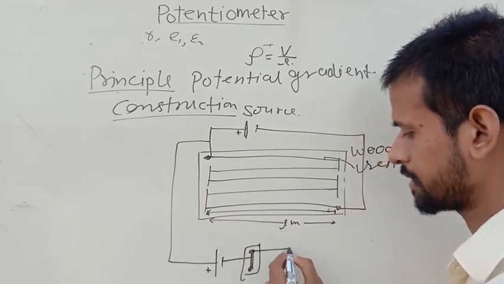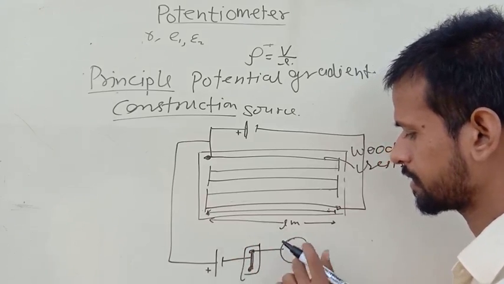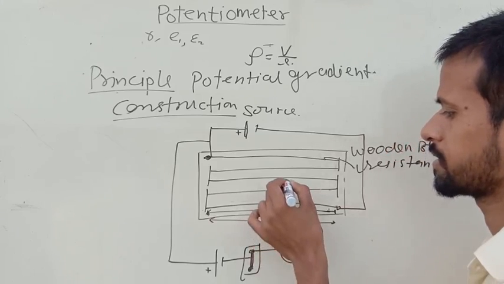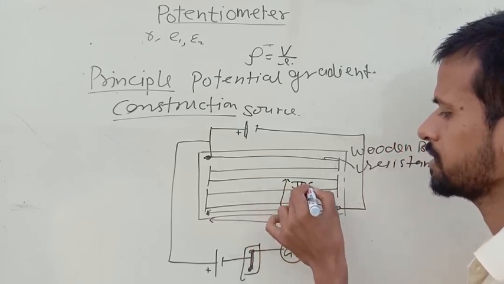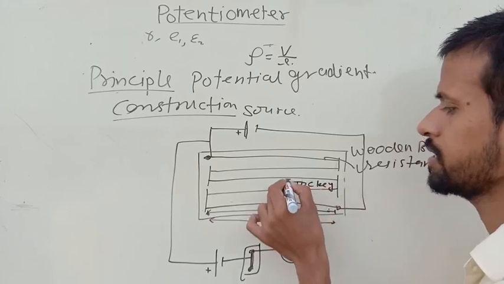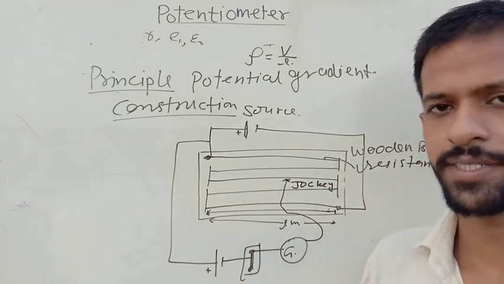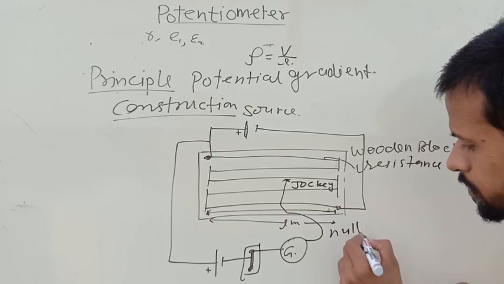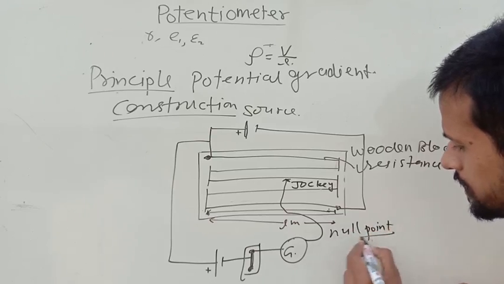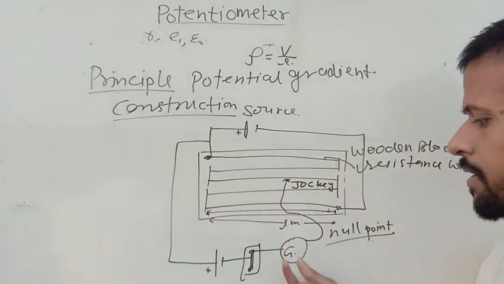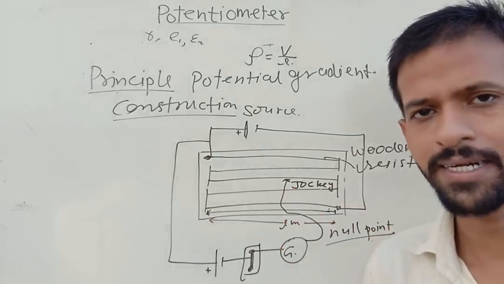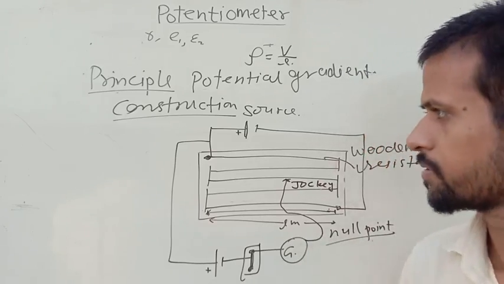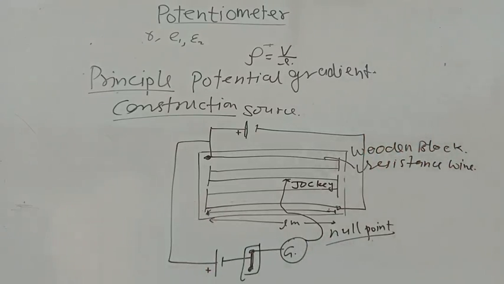Here is a wire, and here is the galvanometer, and this wire is connected with a jockey, by which we search for the null point. What is the null point? Null point is when the current is zero, which means there is no deflection in the galvanometer. So this is the construction of the potentiometer.